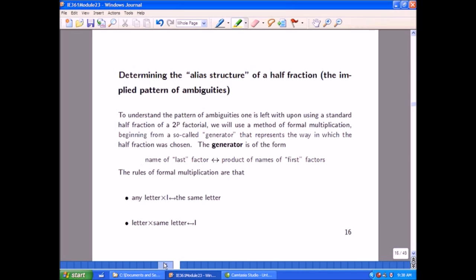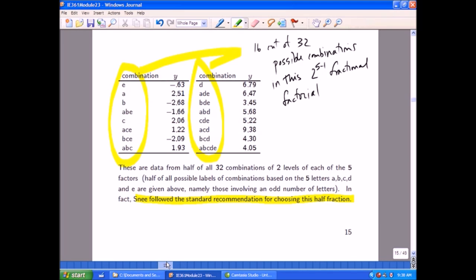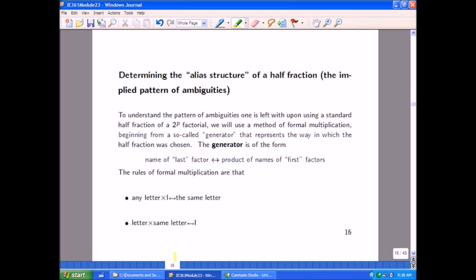Alright, so let's get back to the discussion here. So that's an answer to how do I do choice of the fraction of the factorial. Second question is, how do I determine the pattern, or the implied pattern of ambiguities if I do things this way?